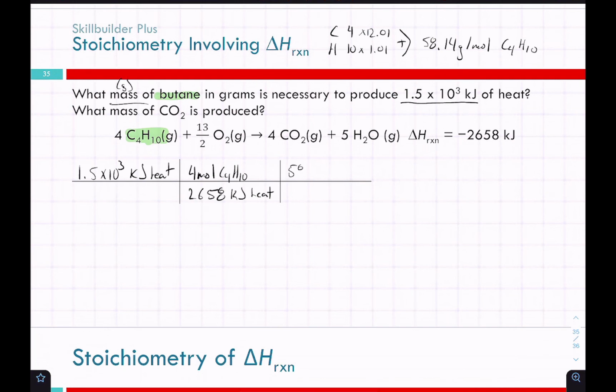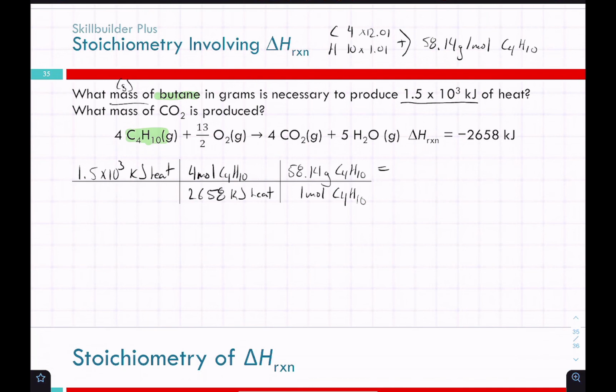So you say 58.14 grams, 1 mole. And that'll tell us how many grams needed to be reacted to make that much heat.